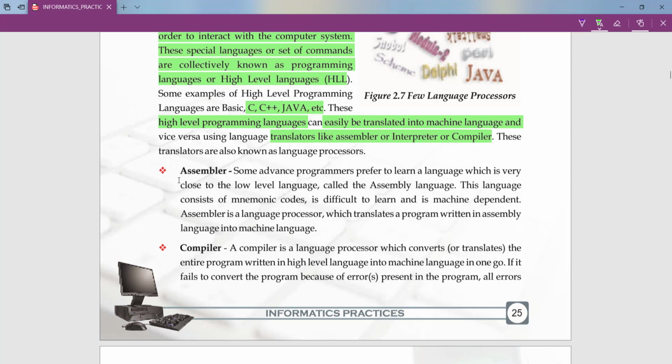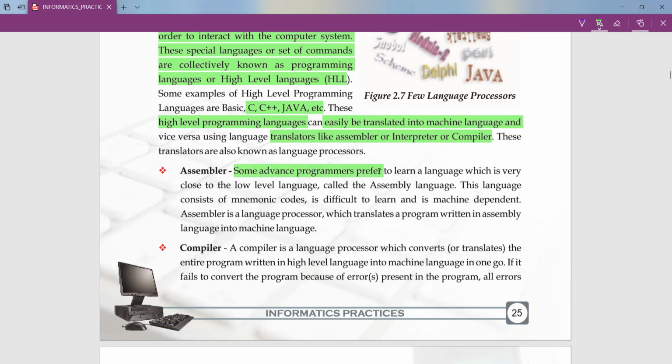So when we write a program in assembly language, it is translated with the help of the assembler. The assembler language processor converts an assembly language program into machine language. Clear? So note the definition.